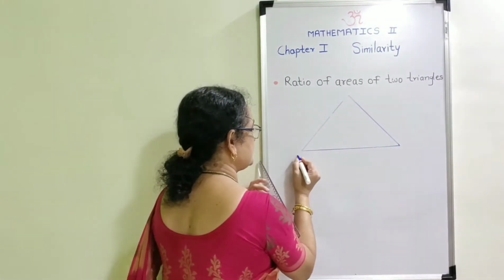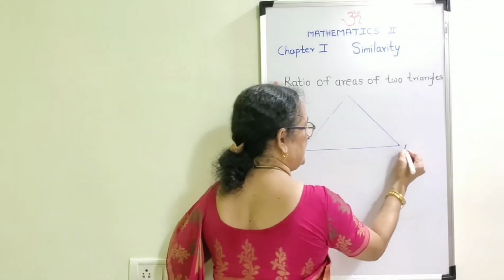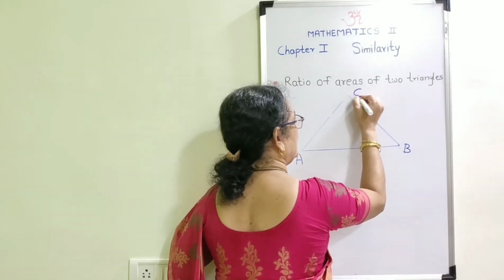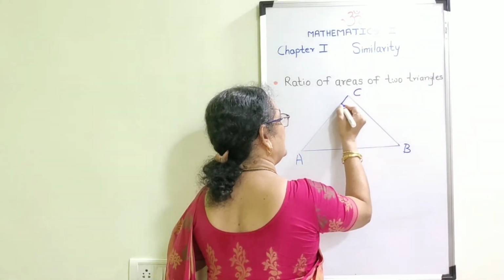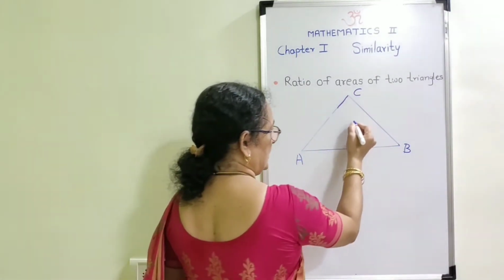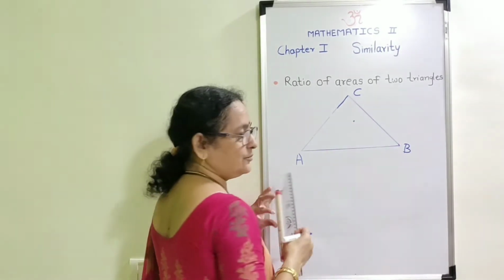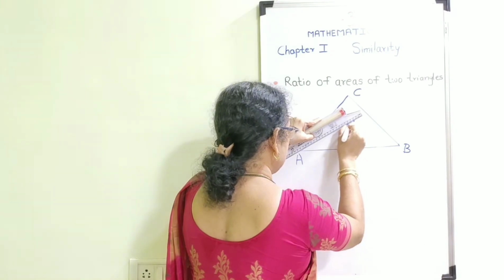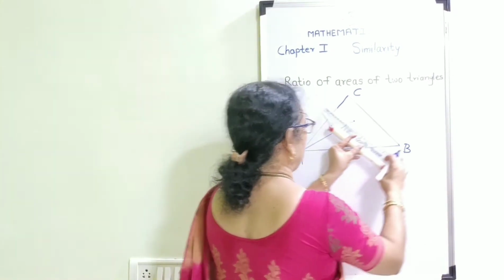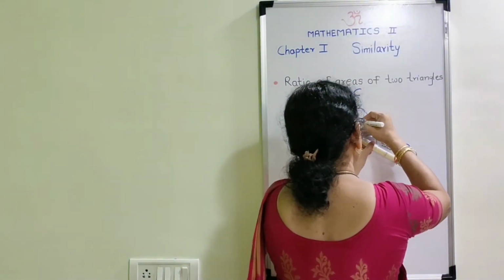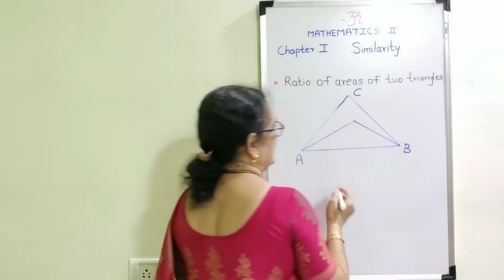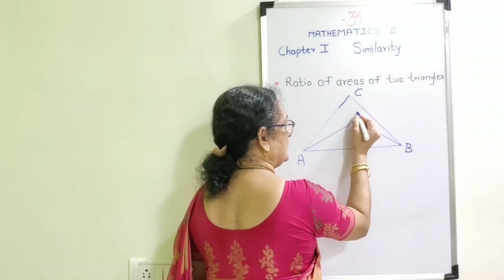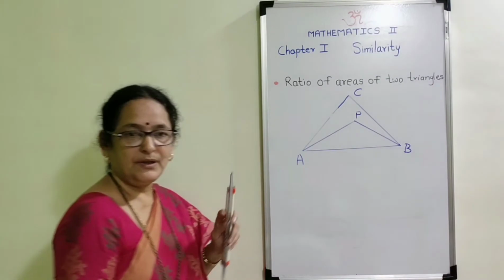Suppose this is triangle A, B and C, and I have taken another triangle in the interior region of the same triangle, keeping the base common. Suppose this is the another triangle where I have taken the vertex as P.